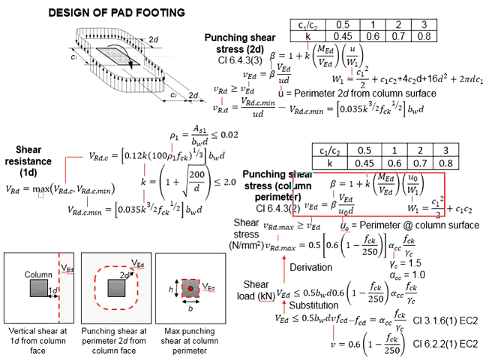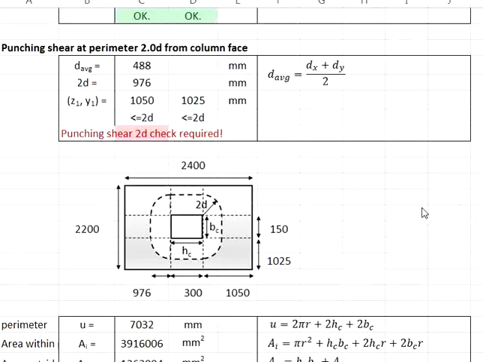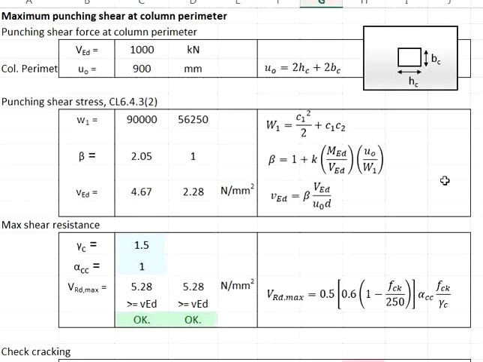Now, having this understood, let us look into the calculation steps. First, the VEd will be the total ultimate axial loads acting onto the pad footing. In this case, we are talking about 1000 kN.